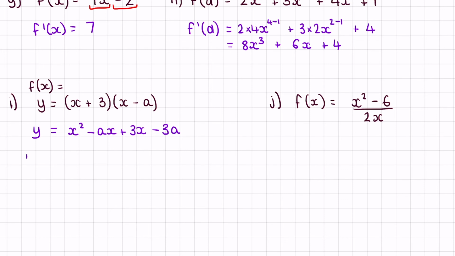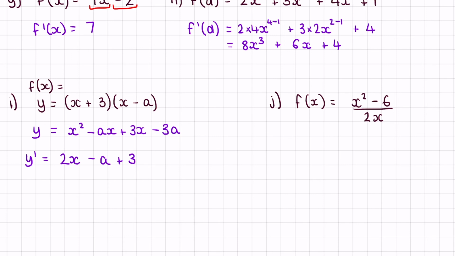So when we do the derivative of this, we're going to do the derivative of x squared, bring the 2 down and minus 1 from the power, so it'll just be 2x. Now the derivative of ax, so imagine that a is like a 2, if it was 2x, the derivative would just be 2, remember the x just goes, so that will be a. Derivative of 3x would just be 3 because we've only got 1x, so the x goes.